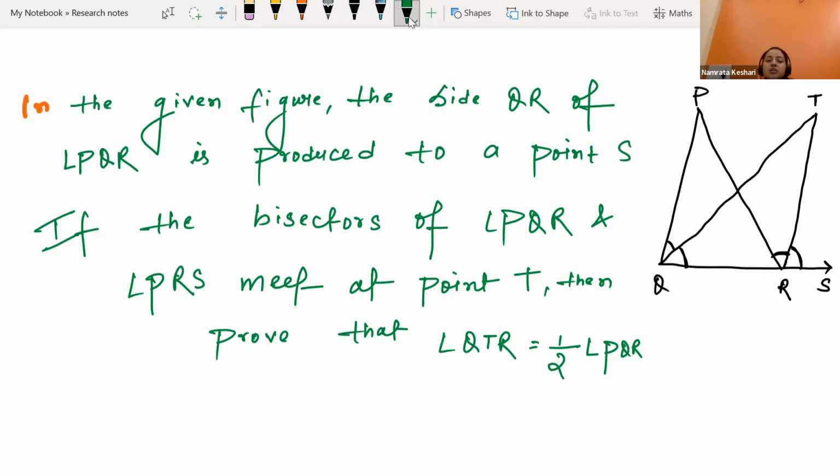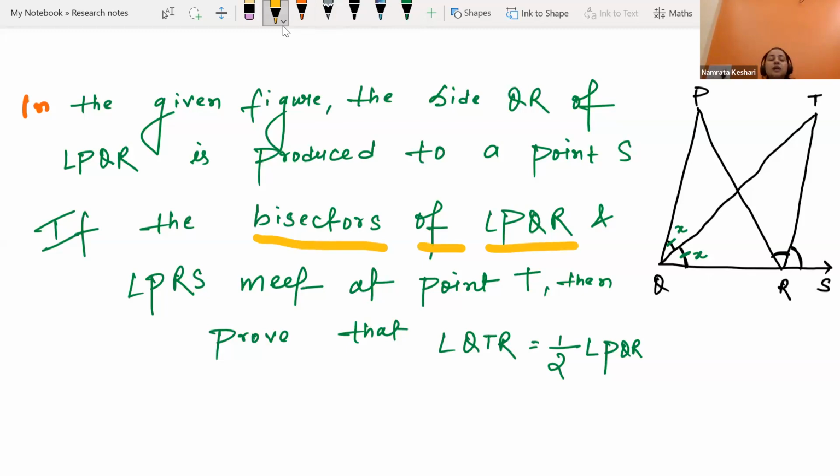If the bisector of angle PQR, this is the bisector of angle PQR, that means this angle and this angle are the same. This is x and that is x. Read it carefully.